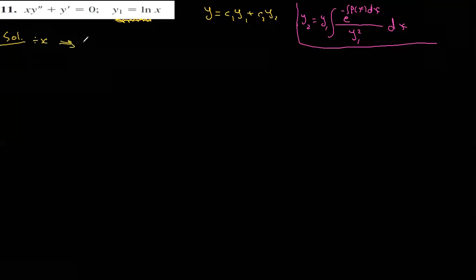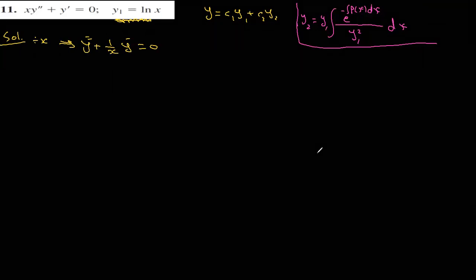So I will get y double prime plus 1 over x y prime equals 0 over x, which is 0. So as Abdurrahman said, now my px is 1 over x. This is my px. So let me now write the formula, or substitute in y2 equal y1.